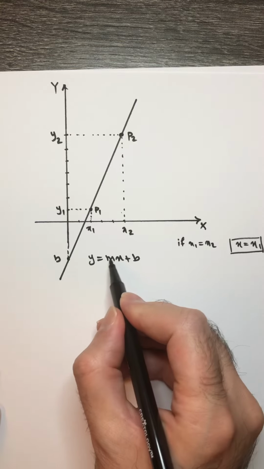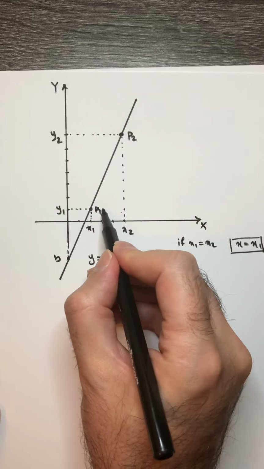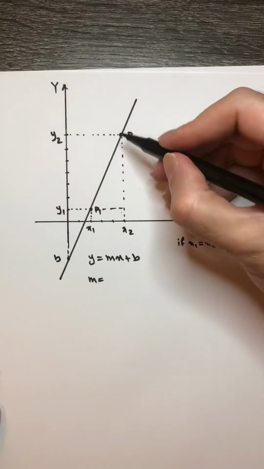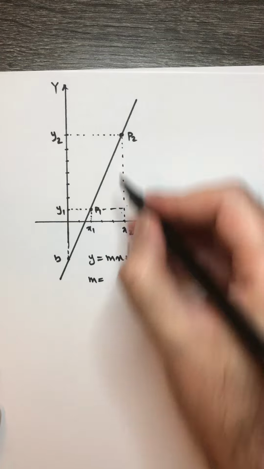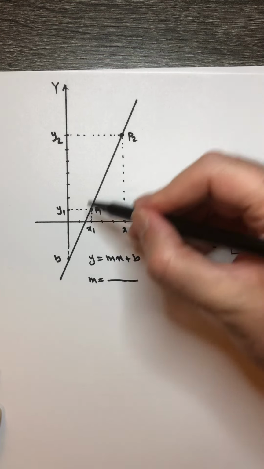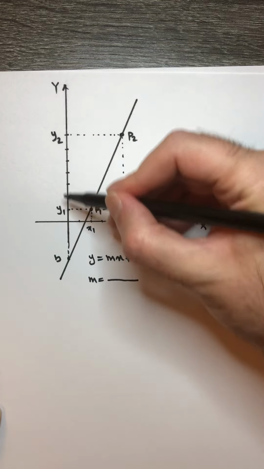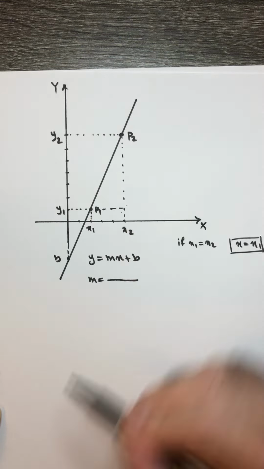So finding m, the slope, means it's this part divided by this part. To find that, we look at the points P2 and P1 and write the difference of their y-coordinates over the difference of their x-coordinates.